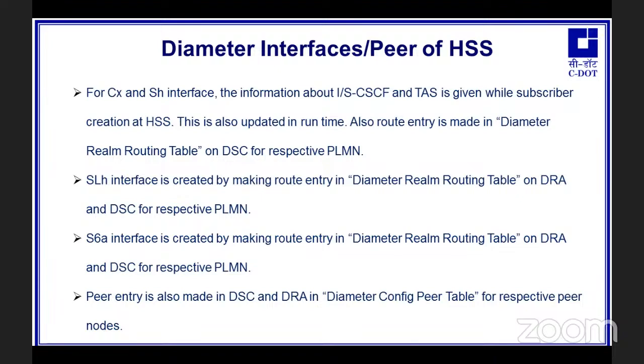When you are latching your phone in the 4G network and giving VoLTE service to the subscriber, integration with the existing IMS node needs to be ensured. For that VoLTE service, the Cx and Sh interfaces will be required.